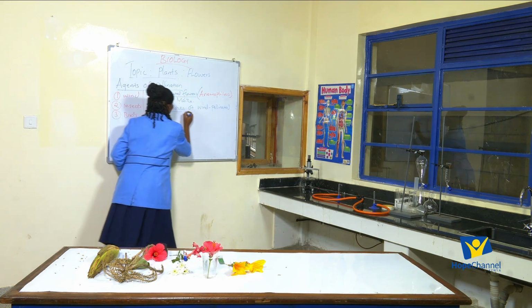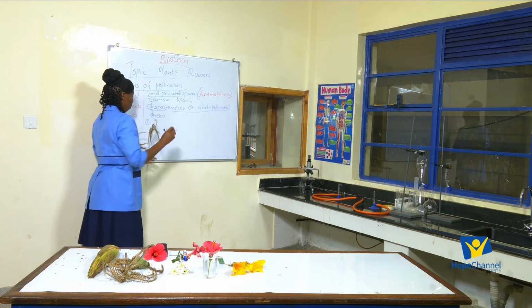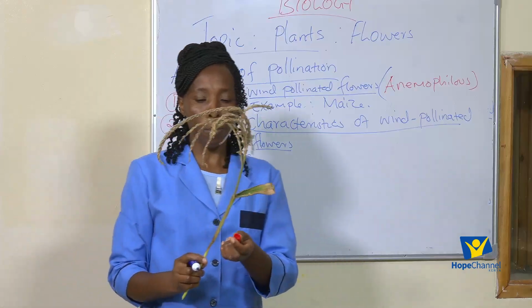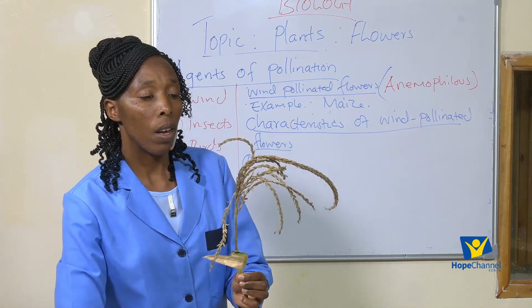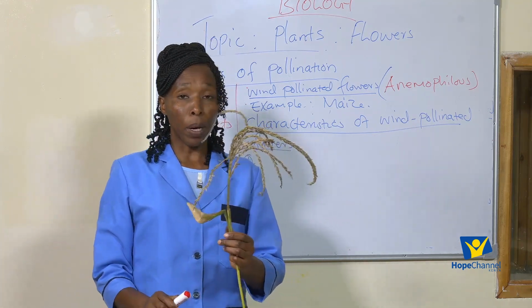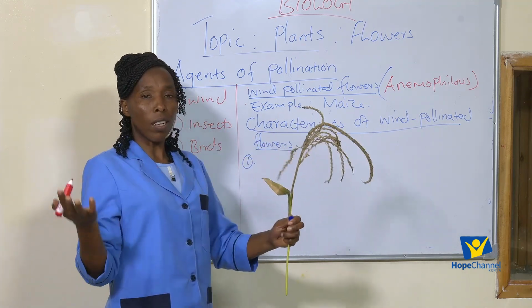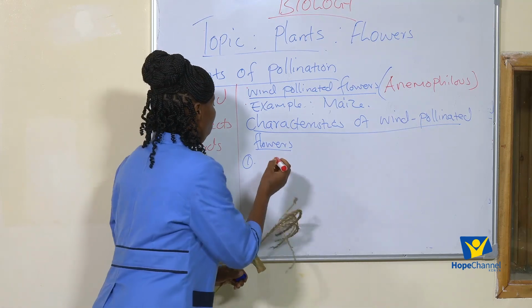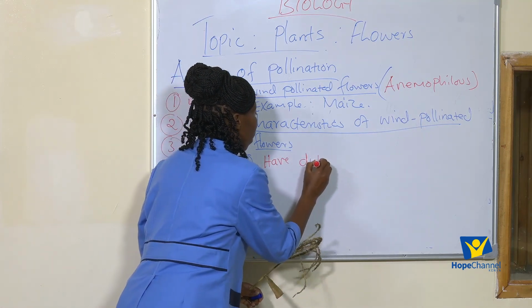Okay? Students, we want to list the characteristics of wind-pollinated flowers. Number one, from the look, we have said these flowers, their petals are very dull. So there is nothing that is attractive to these flowers. So number one, they have dull petals.